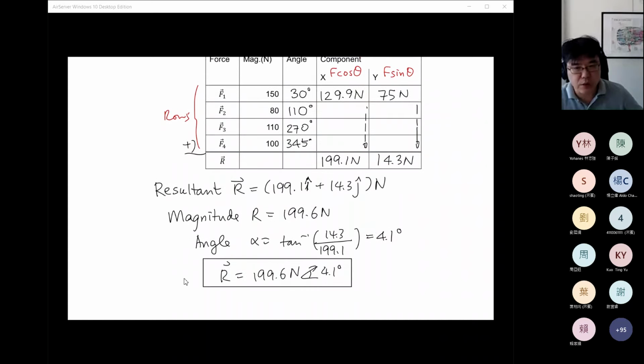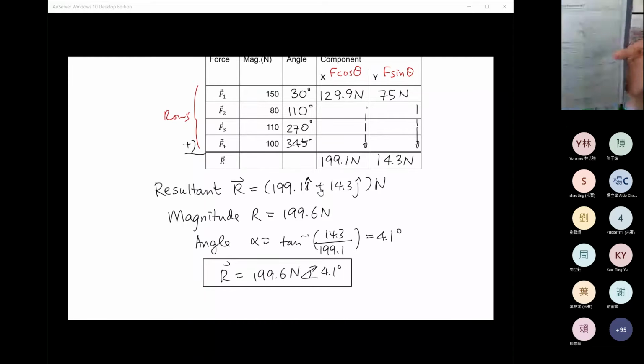For the empty boxes, I expect you to do your own calculations and fill them in, or you can check the textbook. I think it's on page 33. Okay, the answer is there.